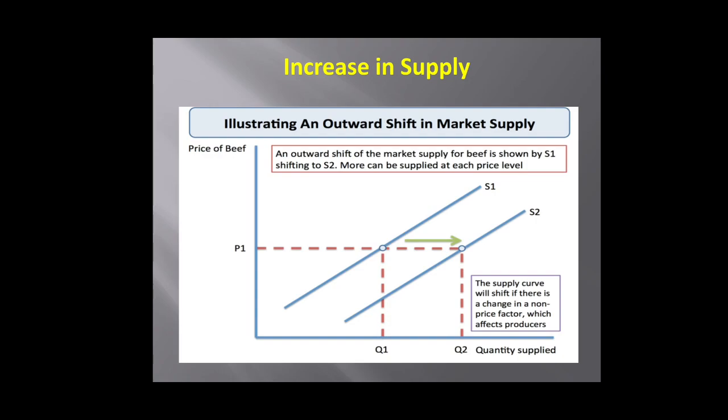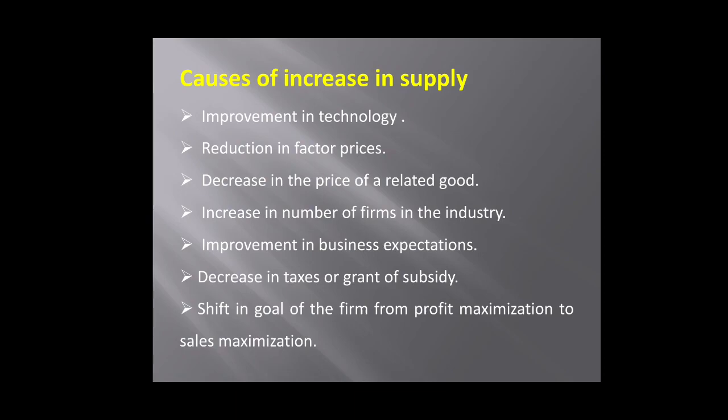Now, what are the various causes of increase in supply or a rightward shift in supply curve? Some of the important causes of rightward shift in supply curve are given in this slide. First important cause of increase in supply or a rightward shift in supply curve is improvement in technology. Dear students, advancement in technology reduces the number of inputs needed to produce a given supply of goods.